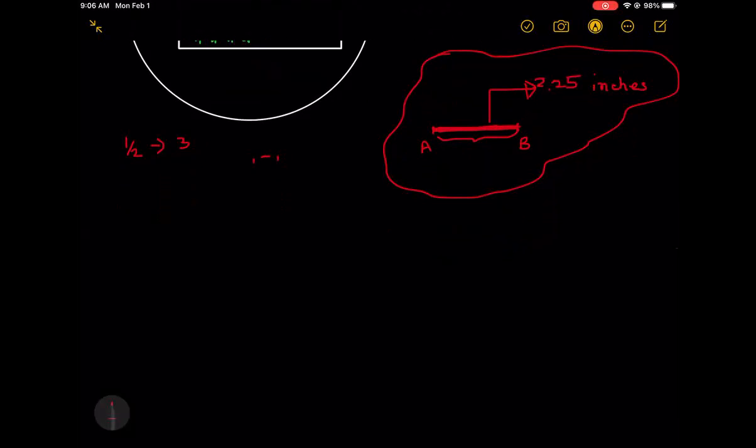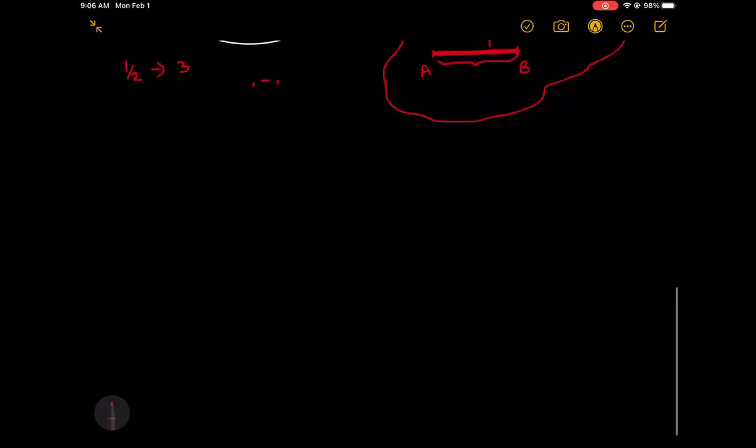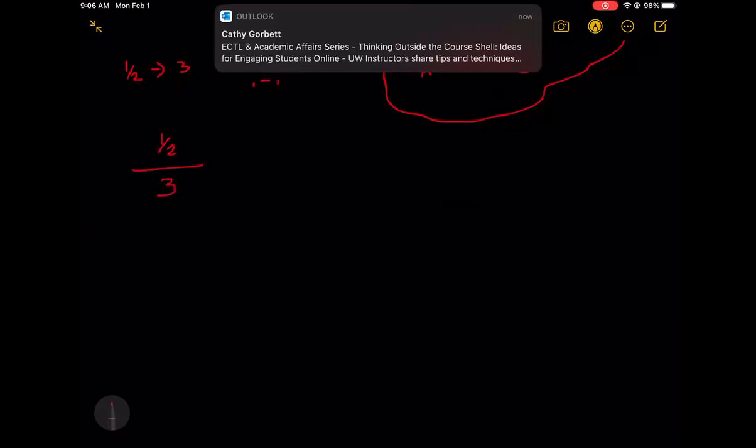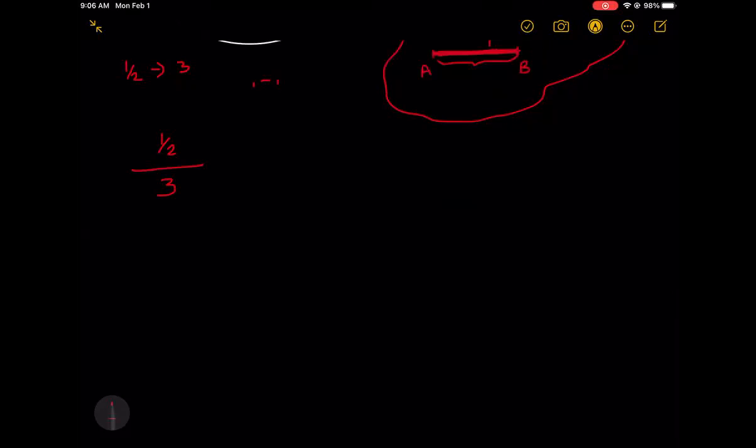So now we will use the property of proportions, okay? So half an inch means 3 miles. Half an inch on the map, so that's on the map, and that's the real distance. We're taking the proportion.